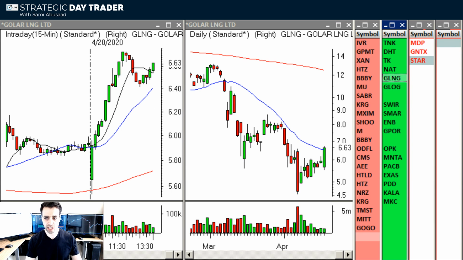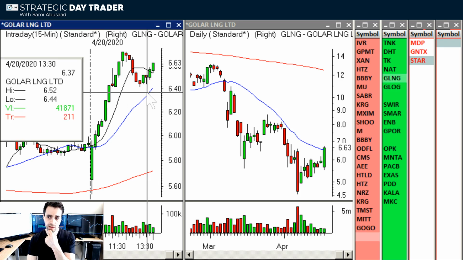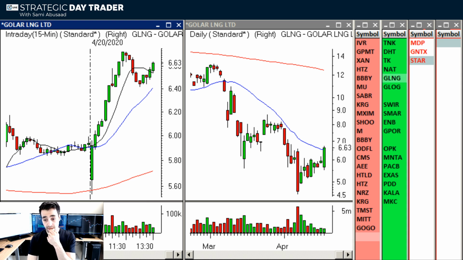This one, GLNG, gave me the chance to get in, because I found it later on while scanning, and it didn't go right away. I could have gotten it at 652, but I didn't. So again, it gave me the chance to get it over 652.